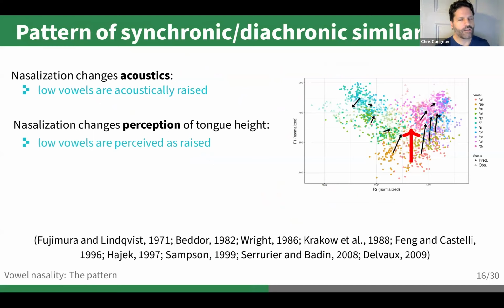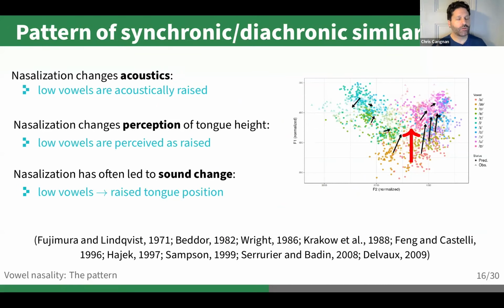But there's been a lot of work on the relationship between the perception of nasalization and the perception of tongue height. It turns out that low vowels, when they're synthetically nasalized, are perceived as higher, right?